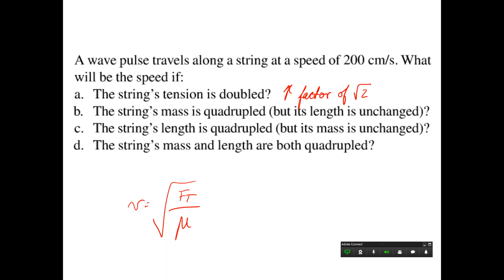What's the square root of 4? So decrease by 2 times. The string length is quadrupled and its mass is unchanged. Increase by 2 times. Exactly. And the string mass and length are both quadrupled. No change. All right, you guys are good.